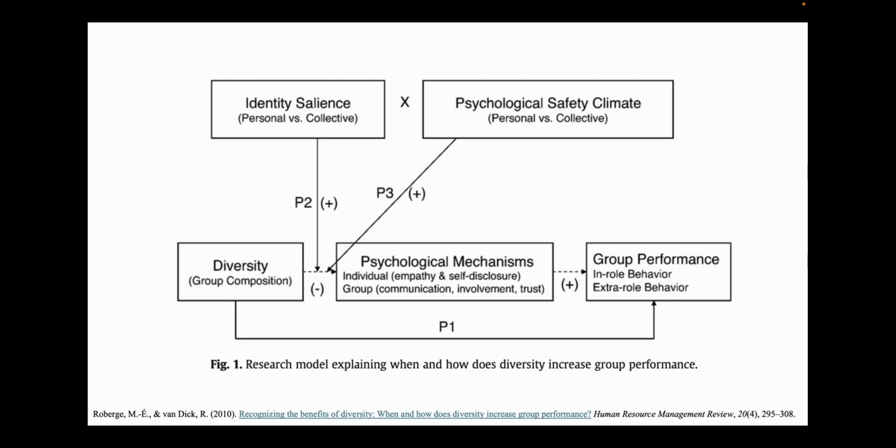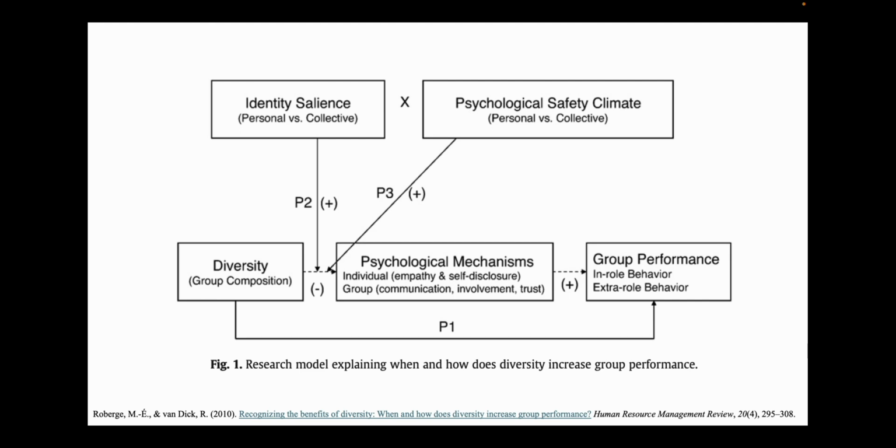If we want to argue that diversity will increase group performance, what are the mechanisms behind this claim, the causal chain? Rubberg and Van Dyck in 2010 wrote a very famous paper trying to theorize it. They propose a series of psychological mechanisms, because they believe at both individual and group level, diversity can benefit group performance.